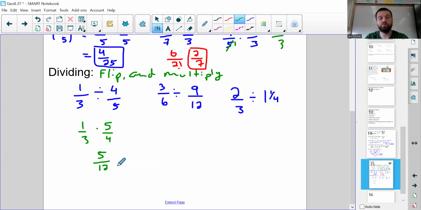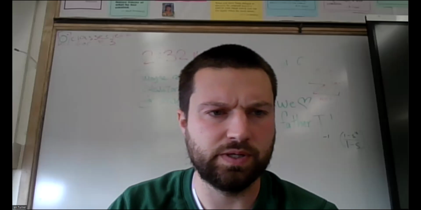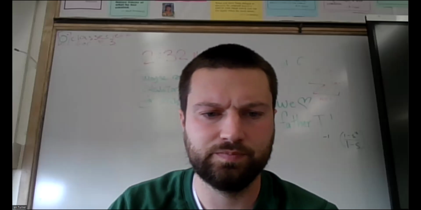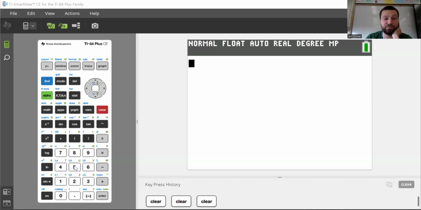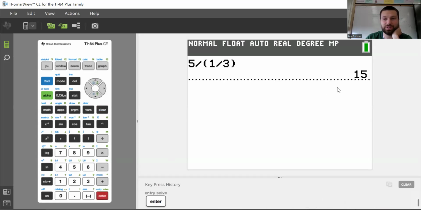5/12. Now, when you divide something by a fraction, it gets bigger. I know that seems crazy. Maybe we should do a quick example of that here. Let me pull up the calculator. Maybe this is stupid to show you, but just a reminder, if I have 5 and I divide by 1/3, so 5 divided by a fraction, can you see that?